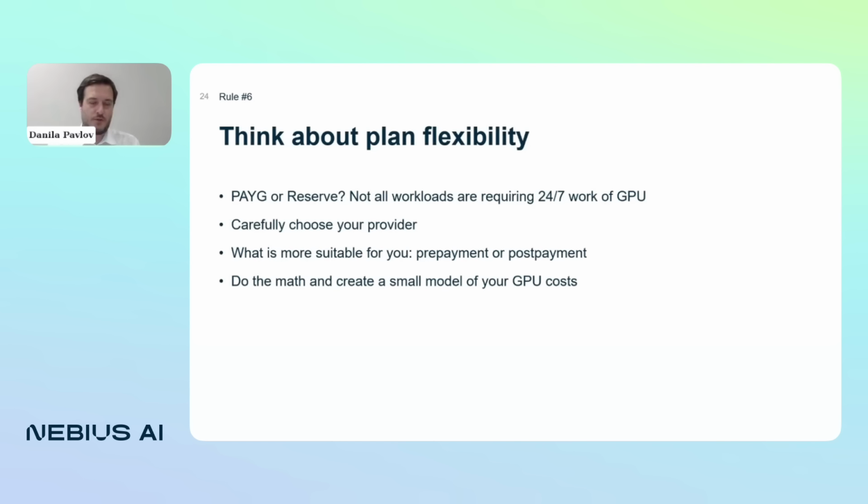There will be, of course, a step when you will have a lot of capacity required in order to train the model. But after that, there will be some experiments where you are not sure that the results will be right, but you still will need spikes in consumption. So in such a case, the ideal cloud will be the cloud that offers you an option to combine pay-as-you-go and reserve. So you can, for example, reserve the minimum amount of GPUs that you're using every day, and then have spikes in the periods when there is a need for that.